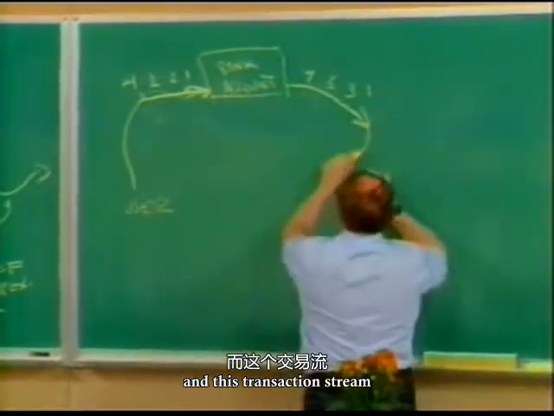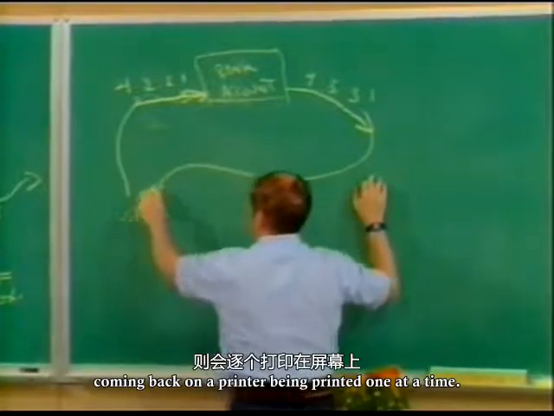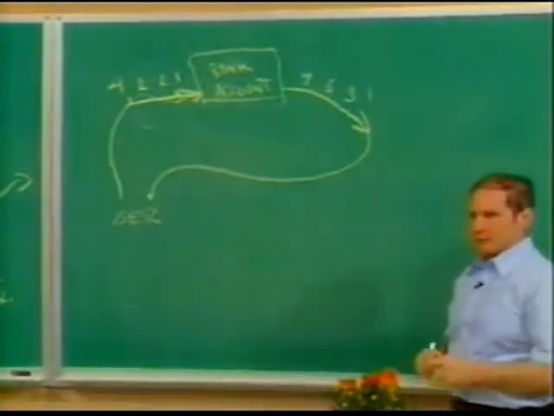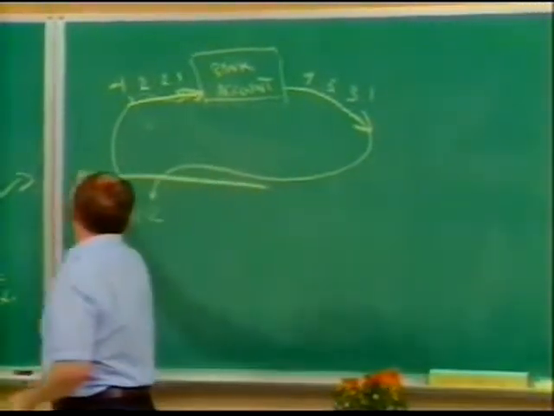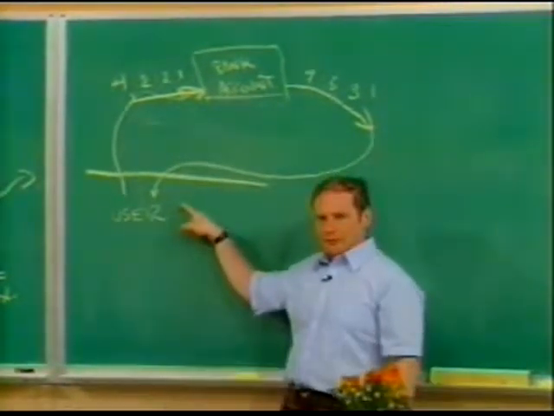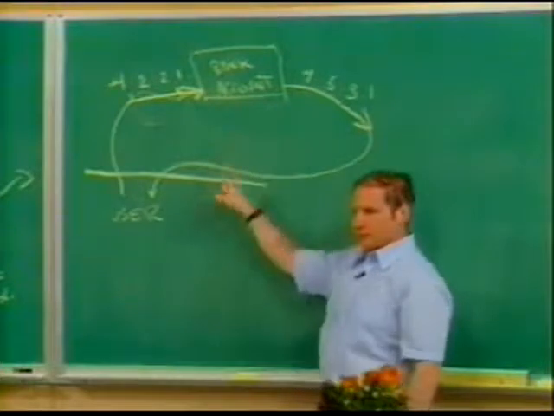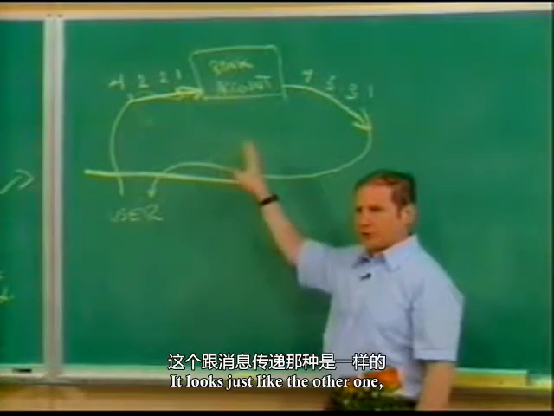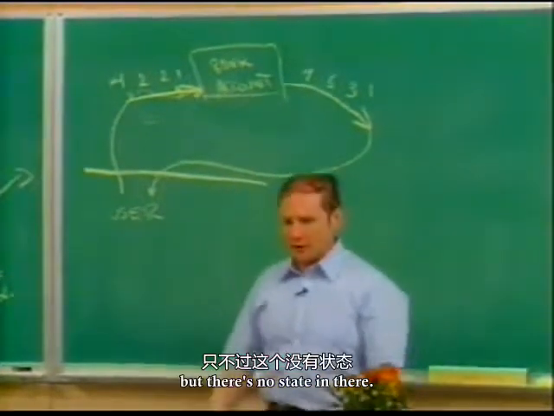And this transaction stream coming back on a printer being printed one at a time. And if we drew a little line right there, the user couldn't tell that this system doesn't have state. It looks just like the other one, but there's no state in there.